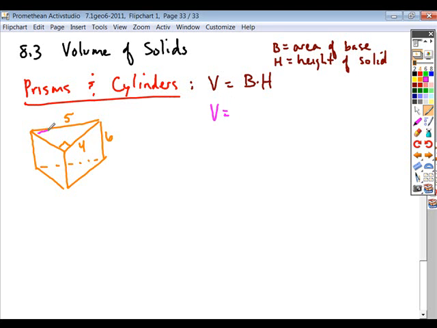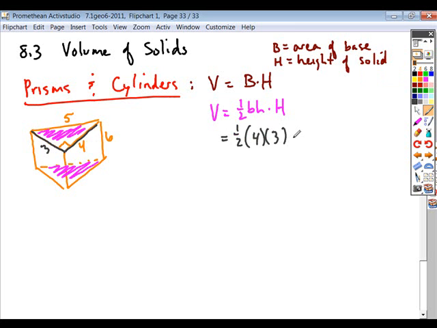Our base is a triangle, so we're going to use the area formula 1/2 base times height times capital H. Again, I recommend that you always begin with the general form of your equations and then plug in the information. So if we use, let's say this is the base of our triangle, what would be the corresponding height of this triangular base? 3. It's a 3, 4, 5 common triple.